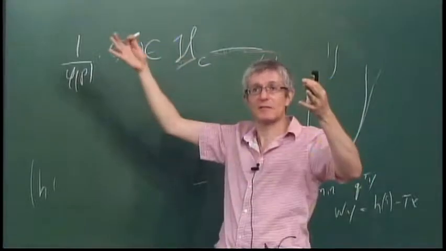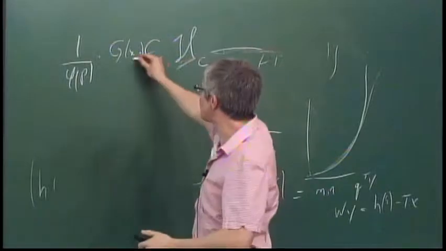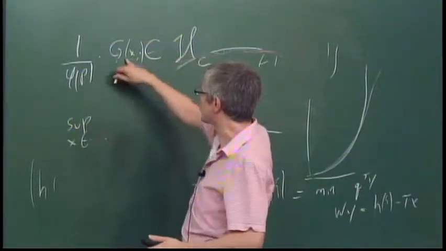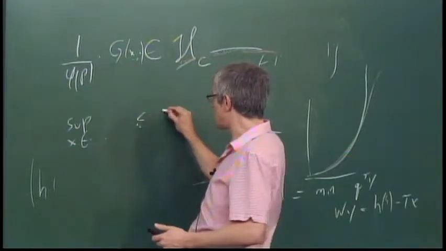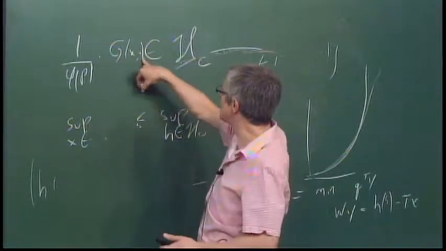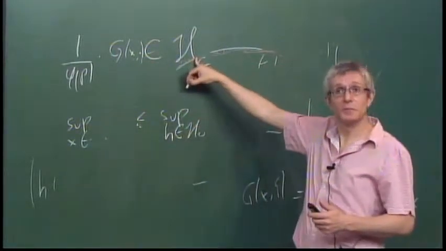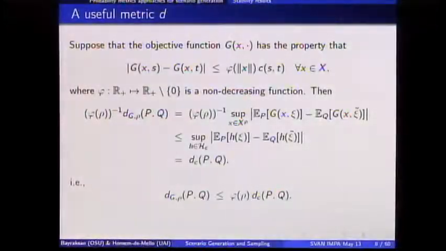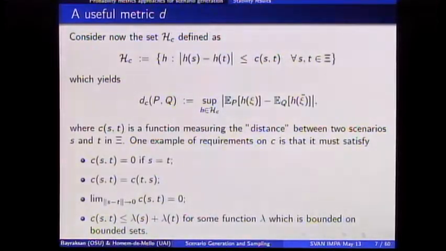It's a subclass, the functions that have this form. If I take the supremum over X in whatever set of these functions, it still has to be less than the supremum over all possible functions in HC, because each G_x is in HC. Is it clear? We can think of this as being a subclass of all functions in HC, so that's why you have this inequality. And this is our distance dC that we had defined before, in the previous slide.